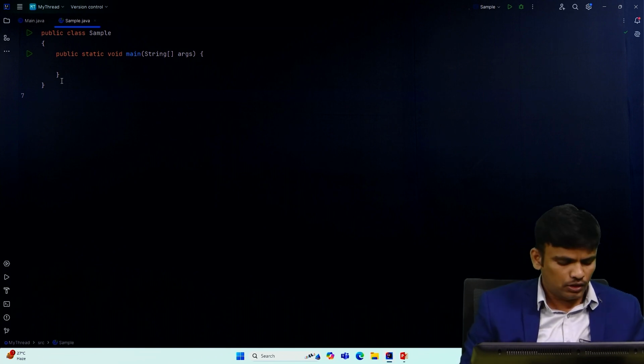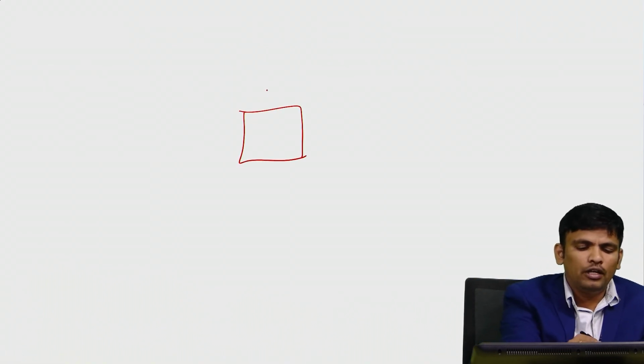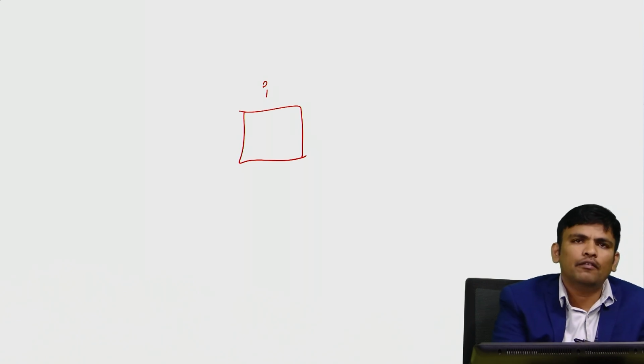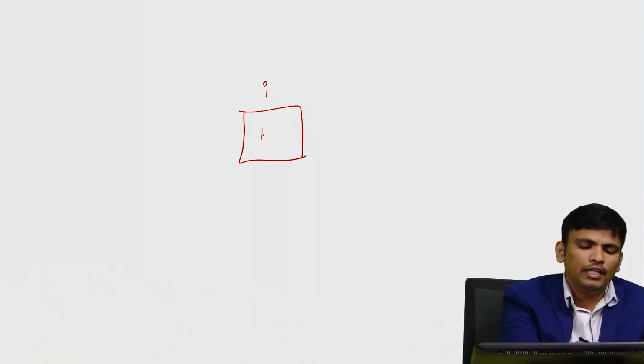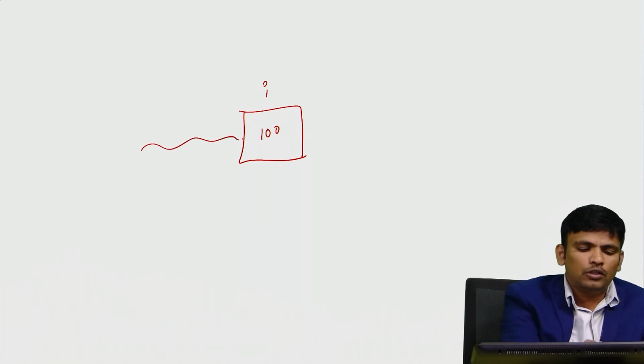You know the problem statement, it was already explained. You need to take a shared variable. Here I'm taking the variable I, and initially the value of I is 100. Now you need to take two threads, the T1 thread and the T2 thread.